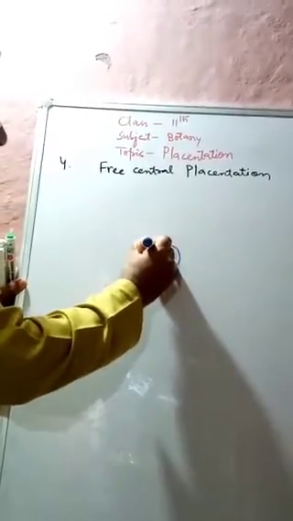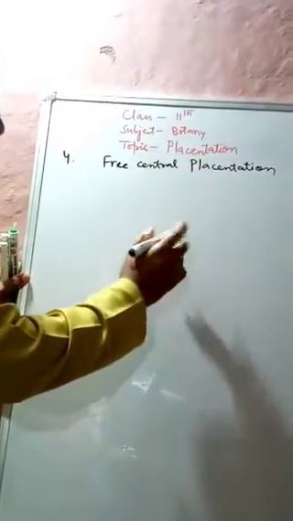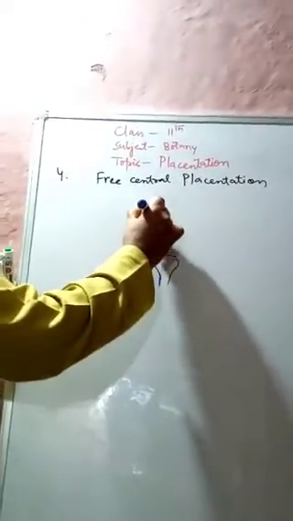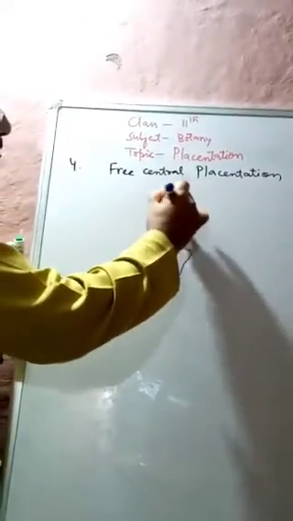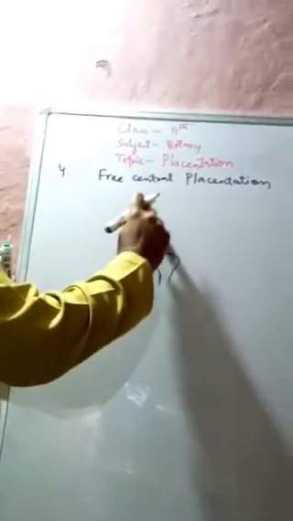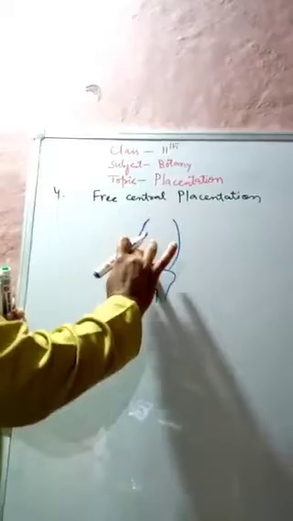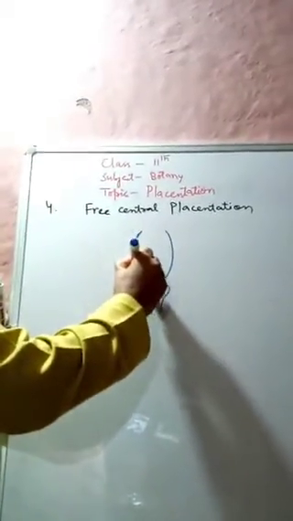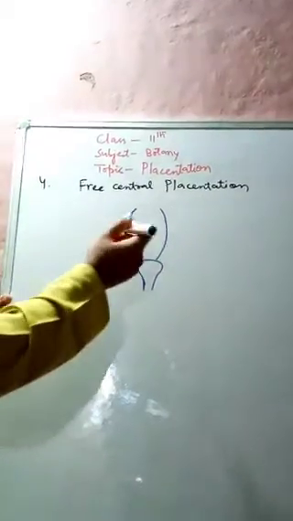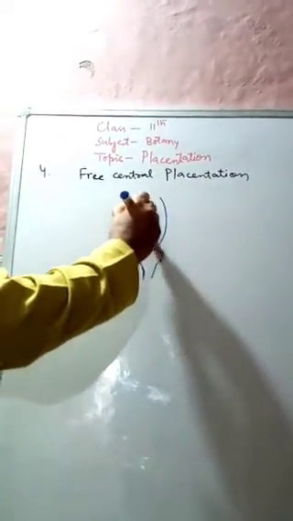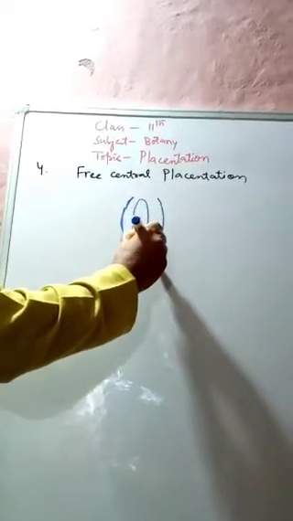If this is the thalamus, and then this is the ovary, what we will see is that the placenta is centrally located and acts as a column.